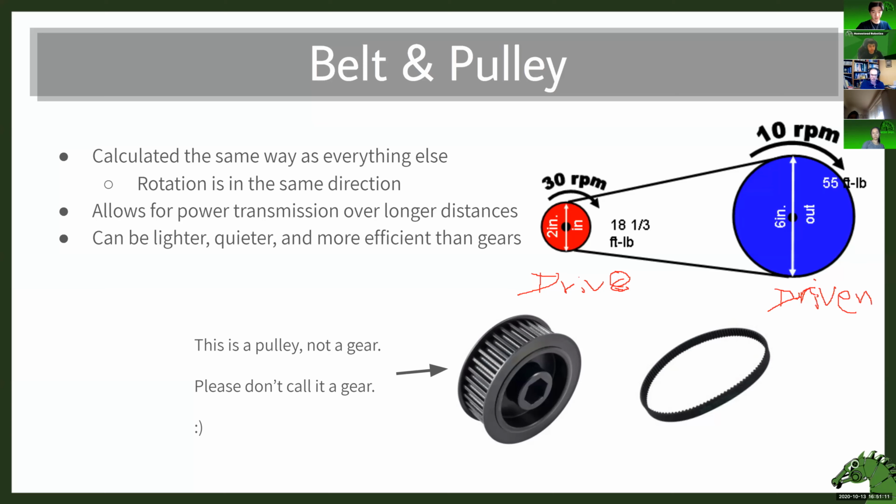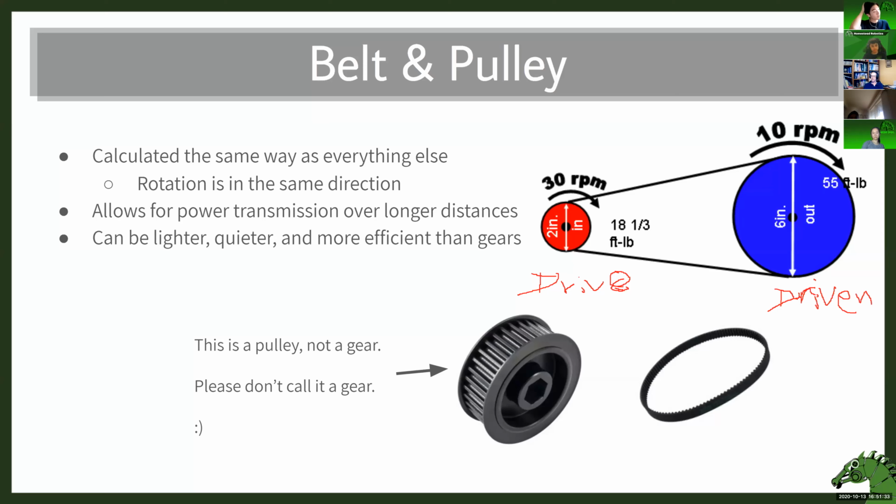You could use these weird torque numbers, but I guess you guys were probably looking at the RPM, 30 RPM to 10 RPM. Right, so that's because basically the torque is multiplied here, but that means the speed is reduced.